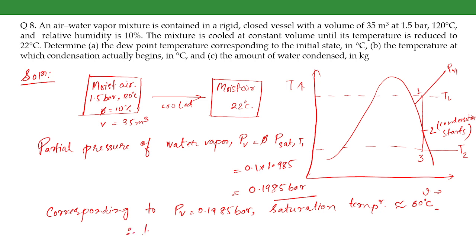Therefore, the dew point, which is the saturation temperature corresponding to the partial pressure of vapor in a mixture, is 60 degrees Celsius. That is at the initial state. If it had moved by a constant pressure line, then condensation would have begun at 60 degrees Celsius. But it doesn't move via a constant pressure line, it moves via a constant volume line.